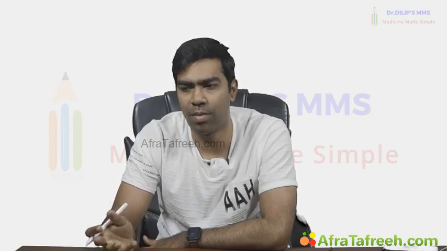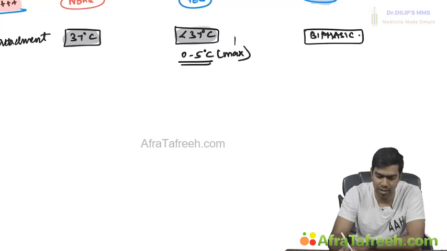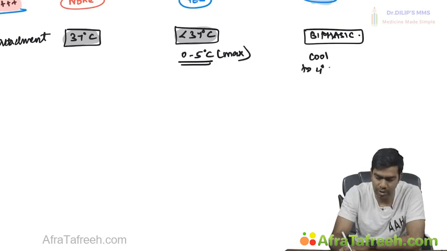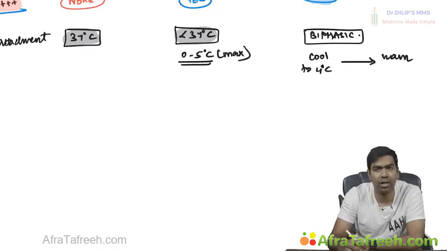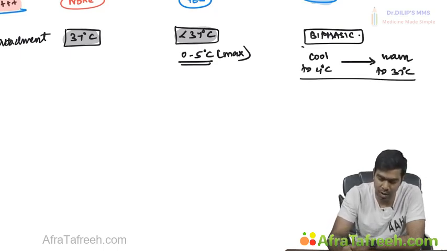If you warm the RBC to 37 degrees C, they don't attach. So you have to have something called biphasic nature, which means the antibody will optimally attach first if you initially cool to 4 degrees C, then you again warm the RBC back to 37 degrees C. So then only they will optimally attach.